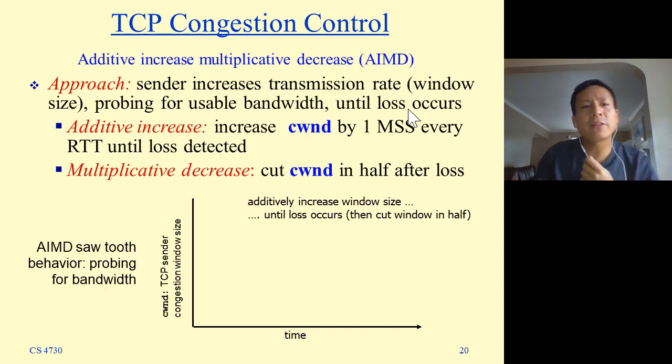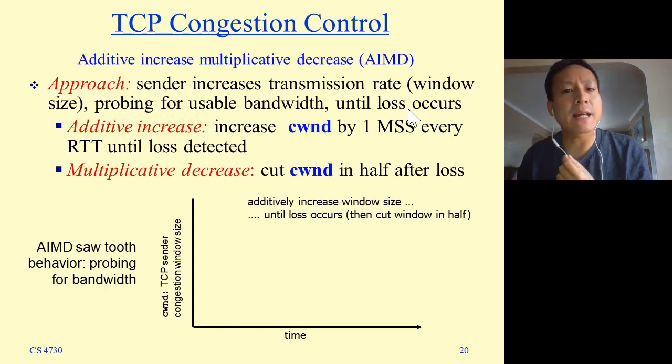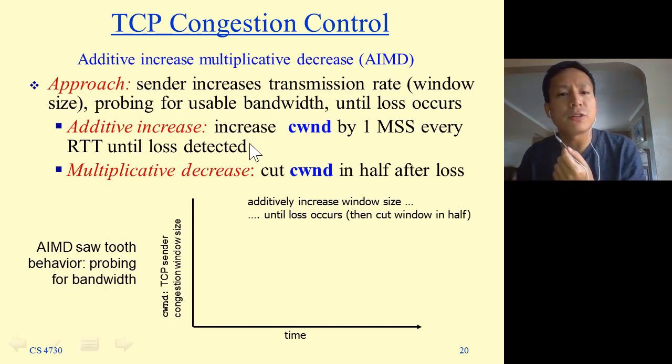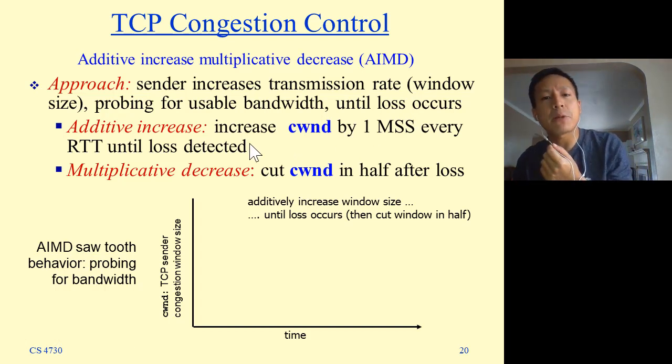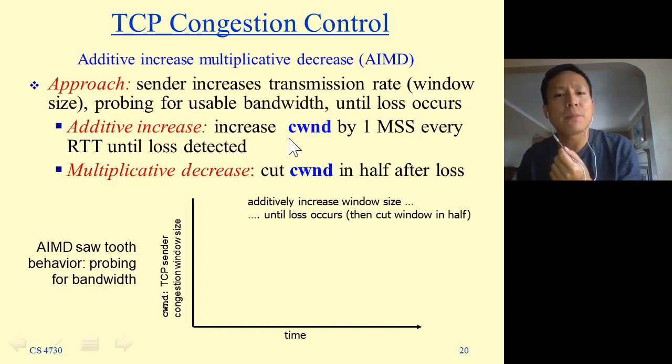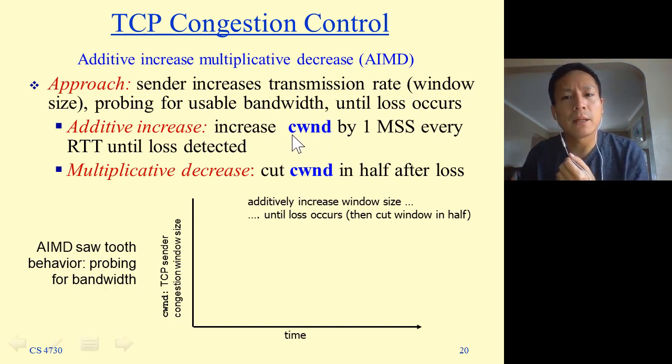All right. So basically, there are two steps. The first step, if there is no congestion happening, what I do is I keep increasing my window size. So cwnd is the congestion window. Basically, it's the window size you are using to send out packets.